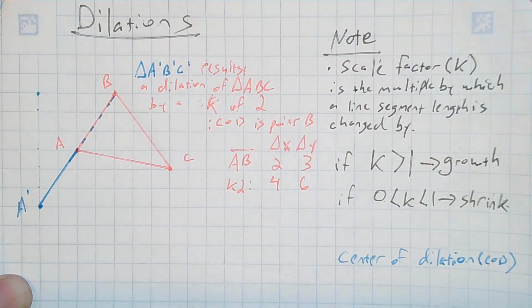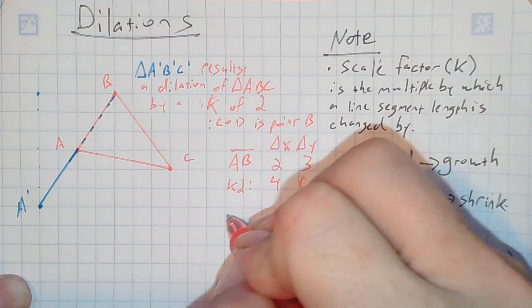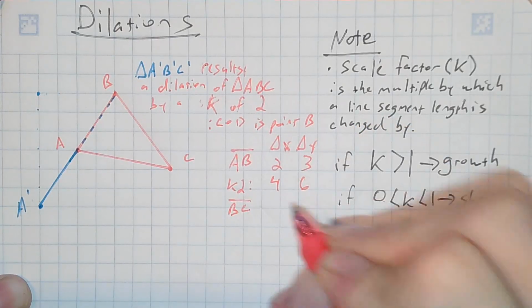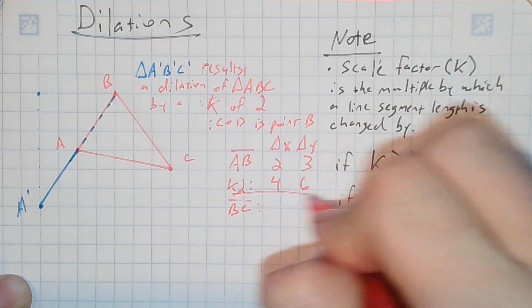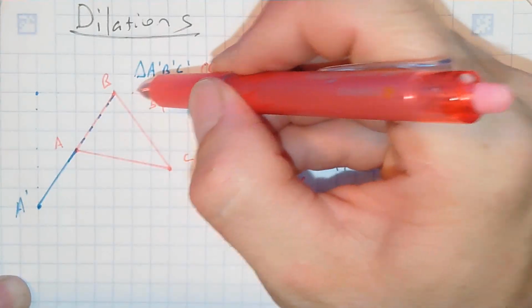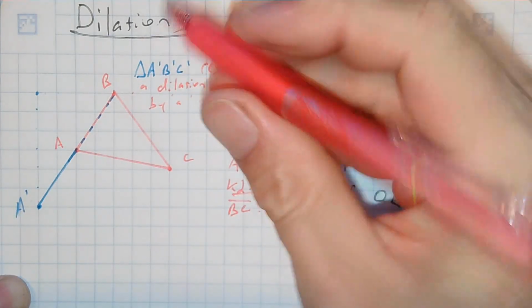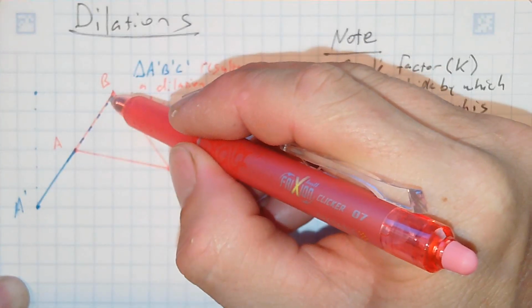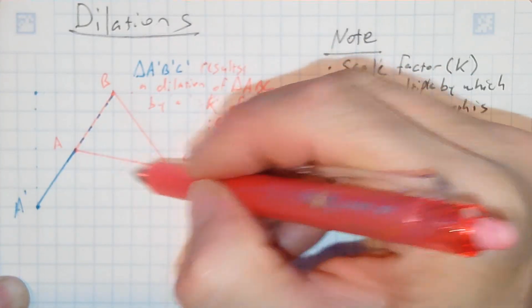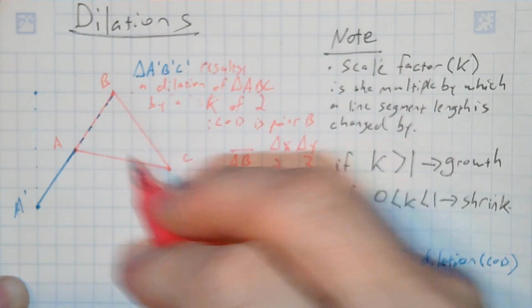Okay? Now if I look at line segment BC, the change in X is 1, 2, 3, 4, and the change in Y is 1, 2, 3, 4. So it's a 4 by 4 change.